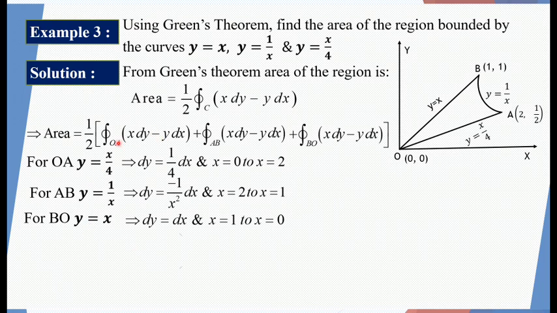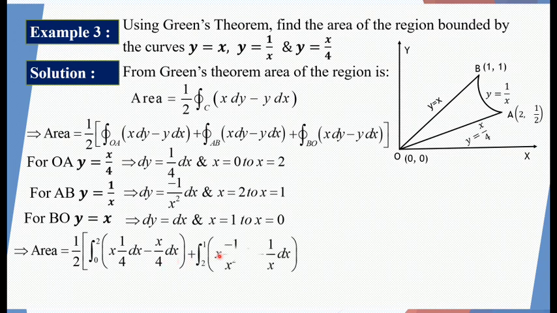So on putting all these here, we get area equals 1 by 2 of, for OA, limits 0 to 2, x into the value of dy, which is 1 by 4 dx, minus the value of y, which is x by 4 dx, plus for AB, x as it is, the value of dy is minus 1 upon x square dx, minus the value of y, 1 upon x dx, and plus for BO, limits are 1 to 0, x, the value of dy is dx and the value of y is x.